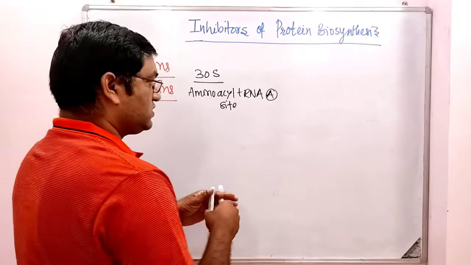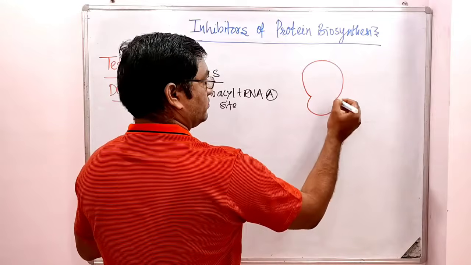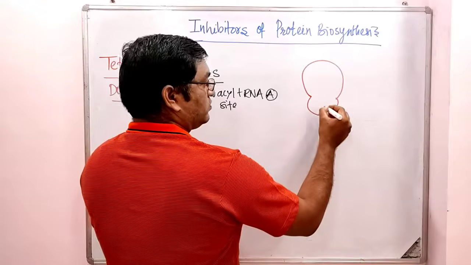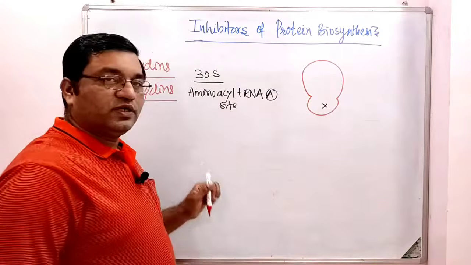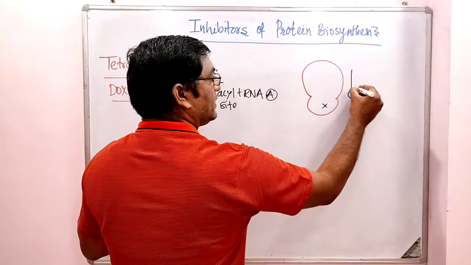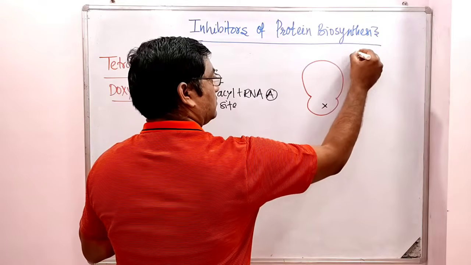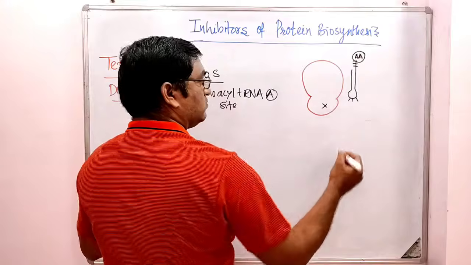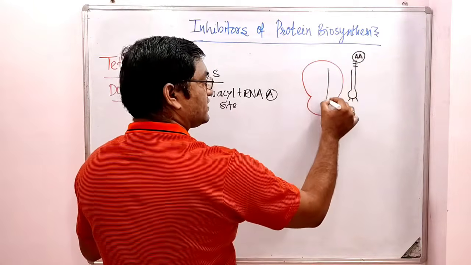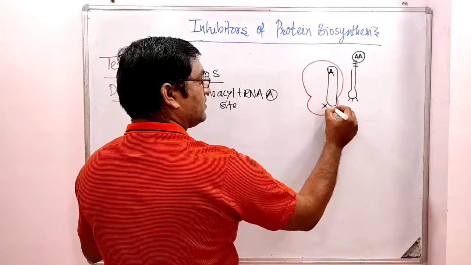Suppose this is the ribosomal unit. This tetracycline attaches to the 30S ribosomal unit and prevents the binding of this incoming new tRNA to this A site at the 30S ribosomal unit.